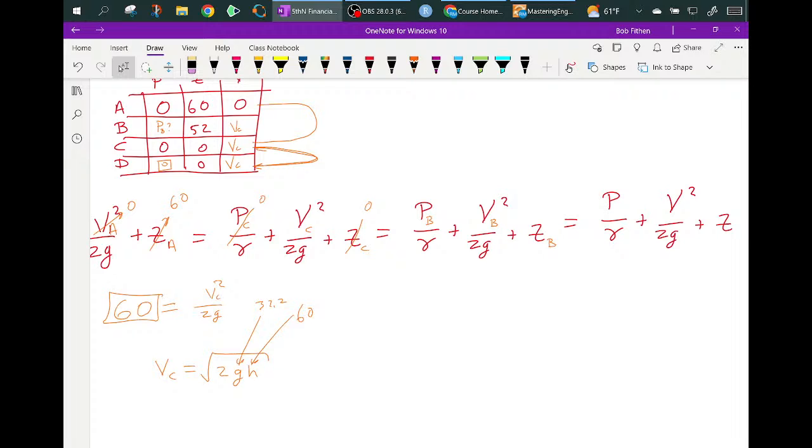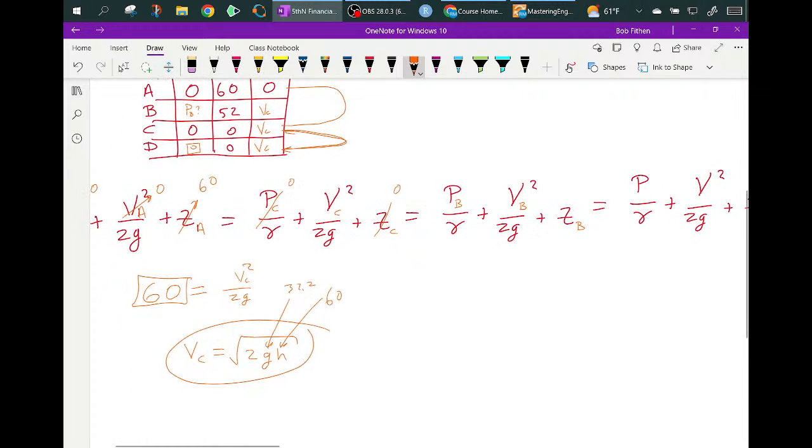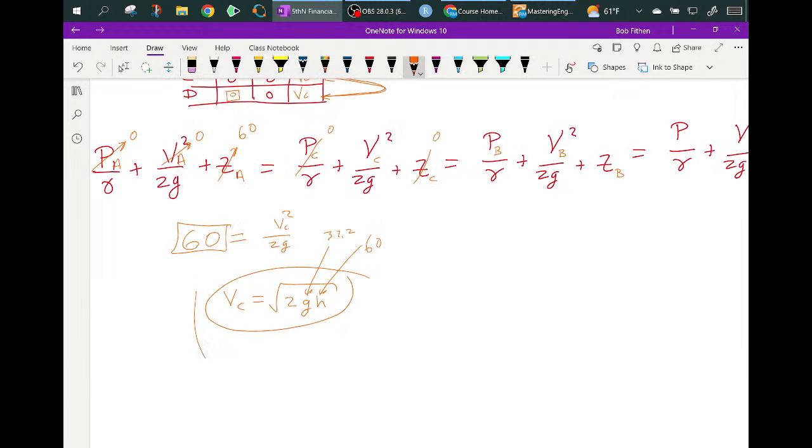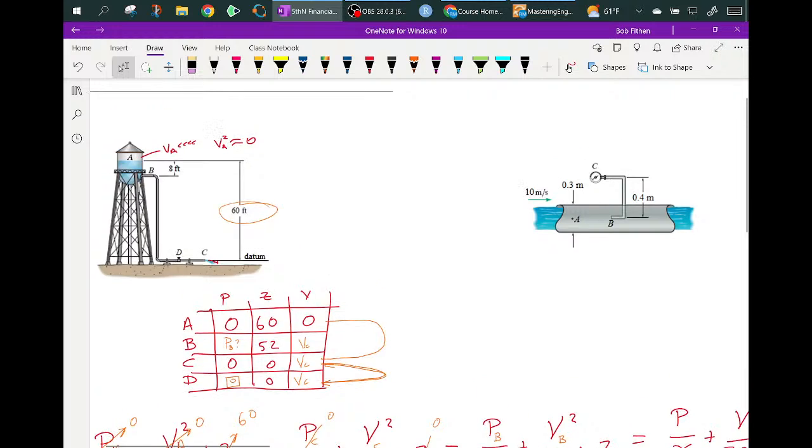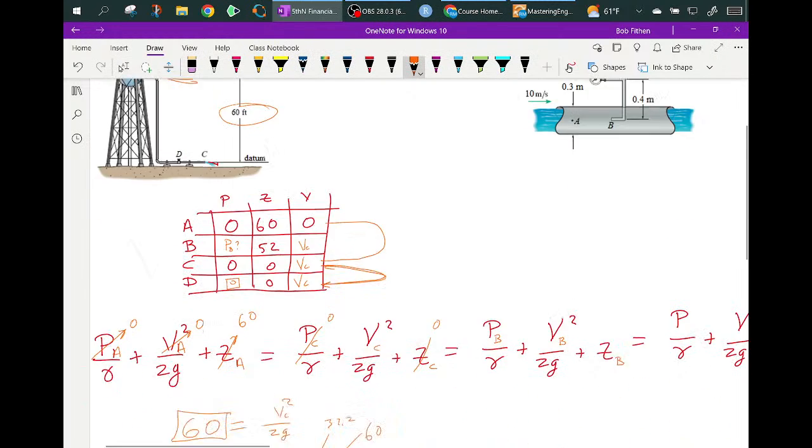But I know from earlier that that's going to be the velocity at C, whatever it happens to be. So in other words, I come down here and I have 60 is equal to pressure B over gamma plus velocity of B squared over 2g plus the z at B, which happens to be 52 feet because it's right here.